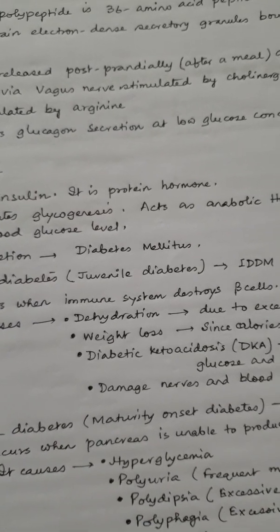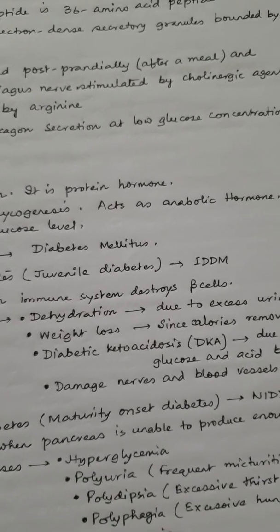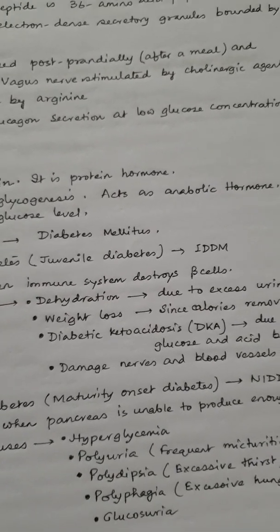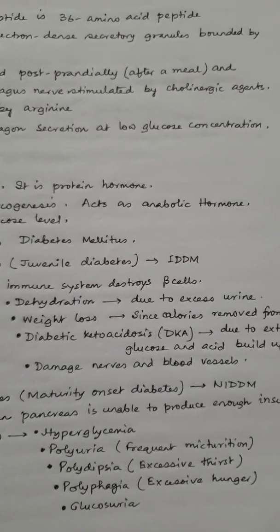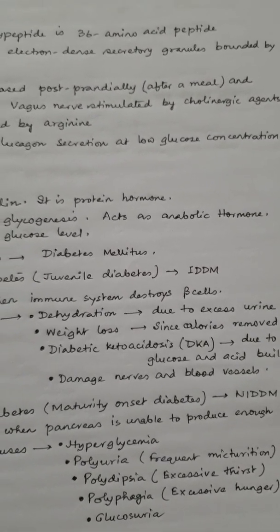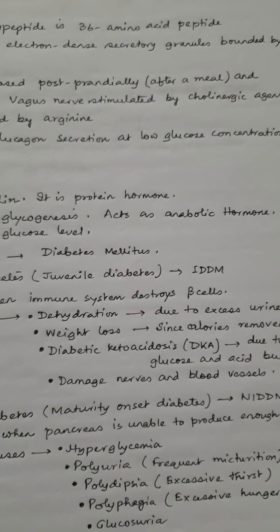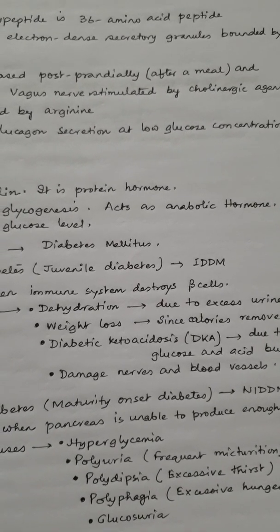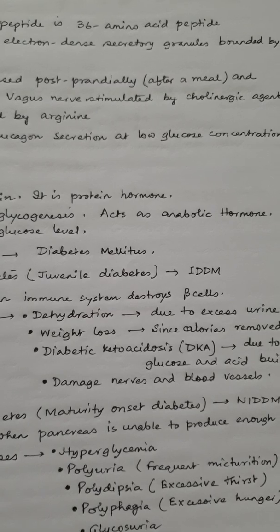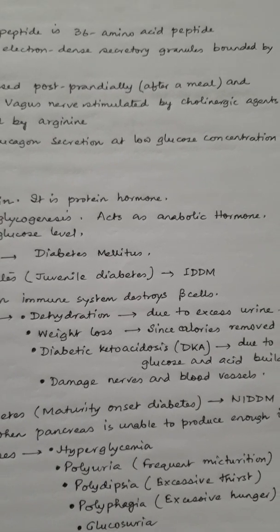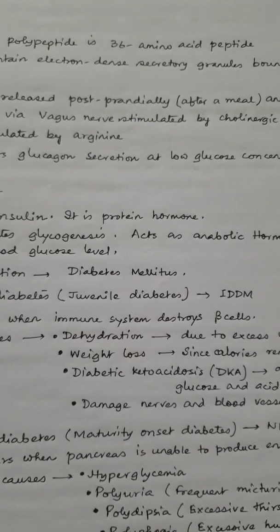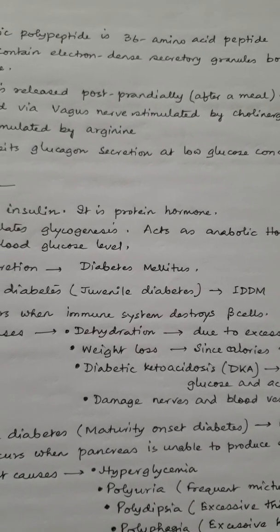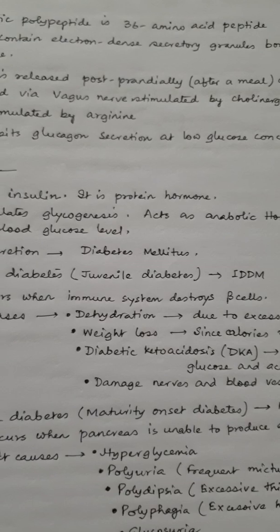Type 1 diabetes occurs when immune system destroys beta cells. It causes dehydration due to excess urine, weight loss since calories are removed from the body. It causes diabetic ketoacidosis due to extra glucose and acid buildup. It causes nerve damage and blood vessels damage.